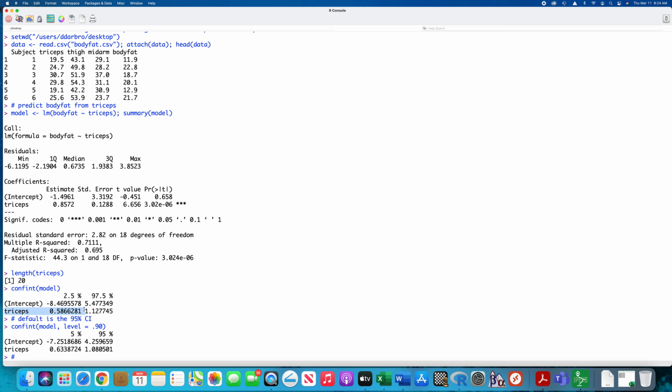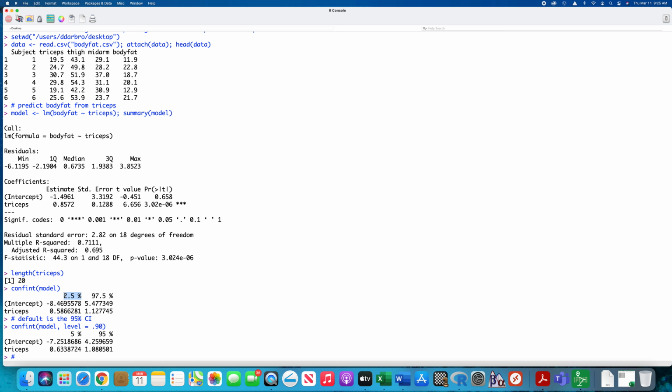To interpret, let's concentrate on this line right here. What does that tell me? Again, it's calculated at 95%. If you think about the sampling distribution, you have 95% in the middle. To the left of that and to the right of that, you've got 5%.